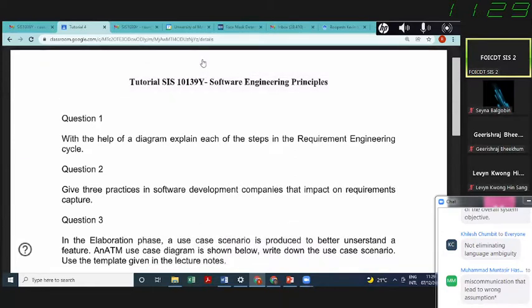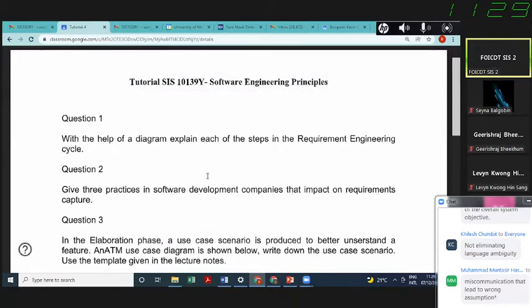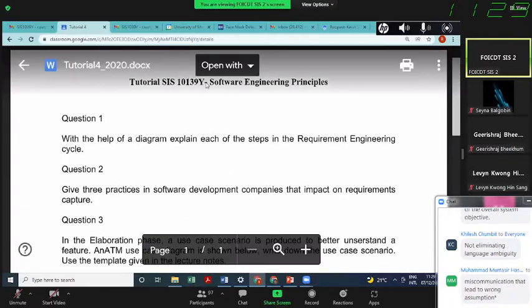Lack of communication can lead to requirements not being captured properly. Let's correct Mohammed. Jumping right into making the software, I think, is a very good answer. This is one practice that at times is encouraged in the software development industry, and it is going to impact requirements capture.